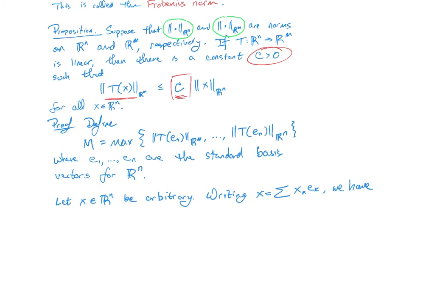Okay, and now what are we interested in? We want to know the Rm norm of the image. Okay. Well, by the linearity of T, we can write the image as a sum of scalars times images of the standard basis vectors.